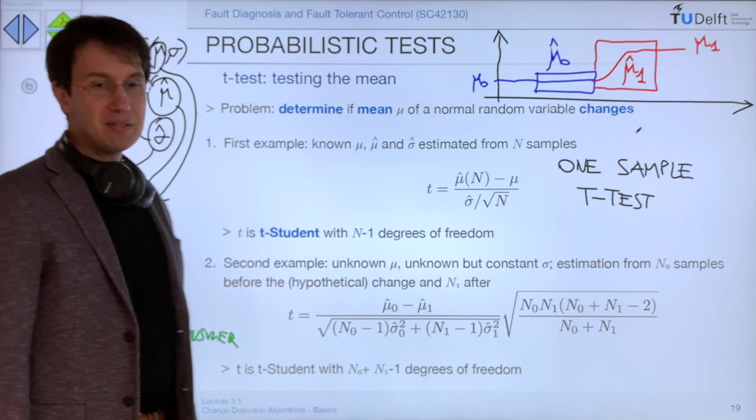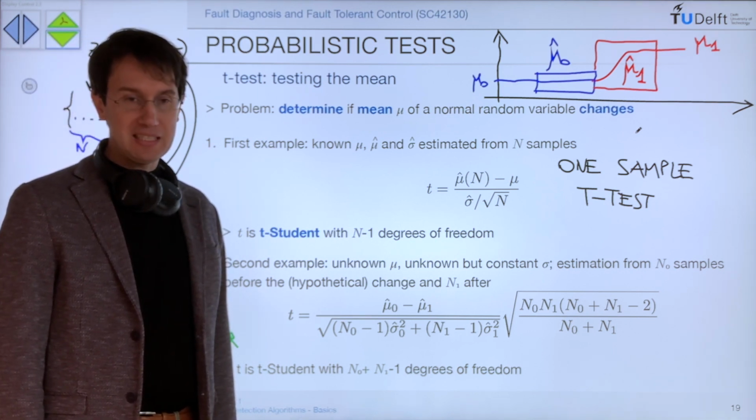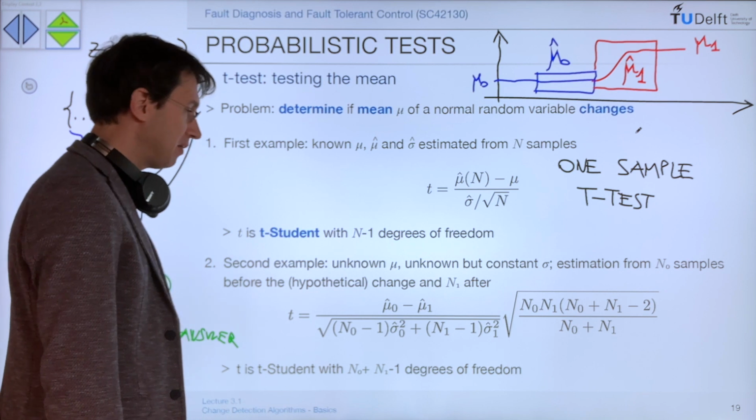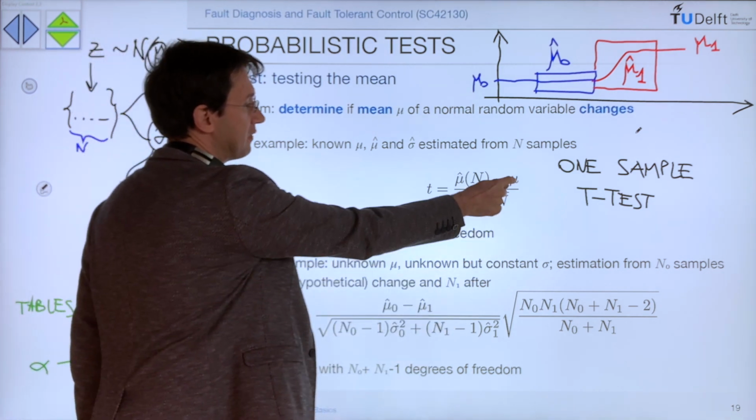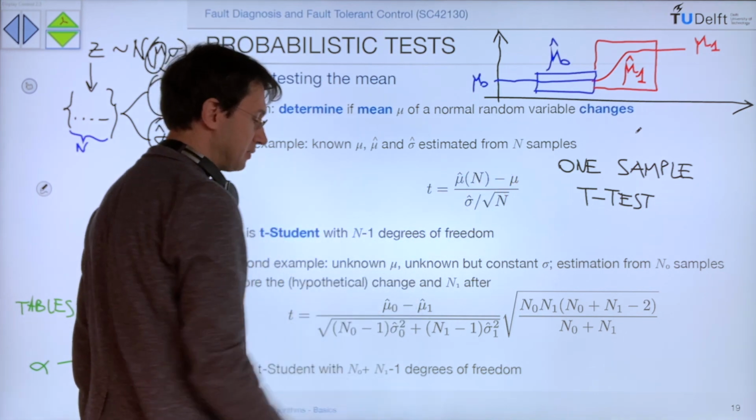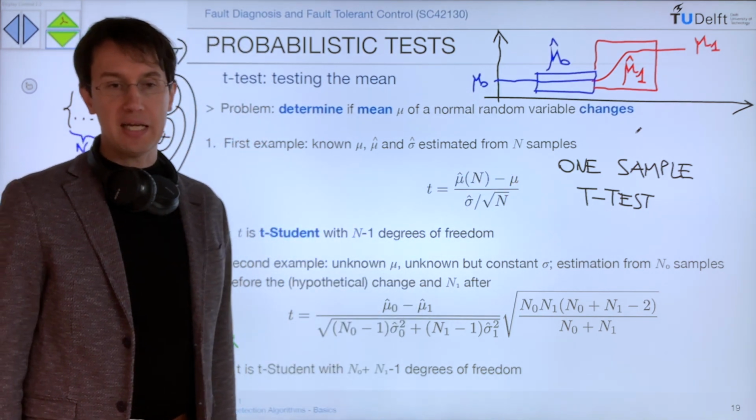To do that, I compute yet another t-student variable, but this time it is different, because as I have no information about mu0 and mu1, I need to use values I estimate.